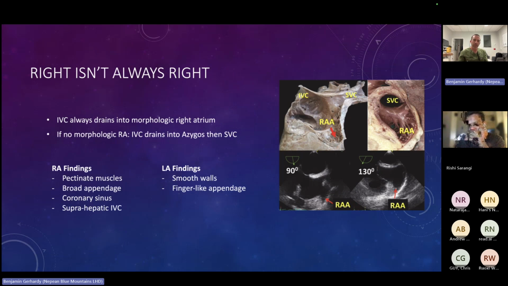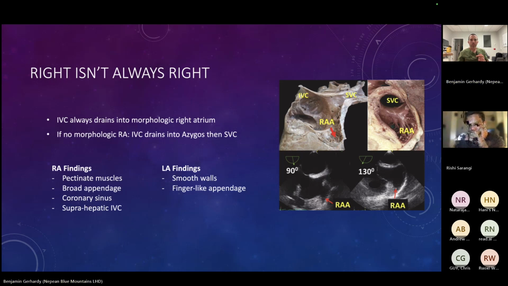So this is where you get to defining structures. This is defining what is the morphologic right atrium, what is the morphologic left atrium, right ventricle, left ventricle. Because that's one of the challenges about adult congenital heart disease: what you're looking at on echo might be on the patient's right-hand side, but it doesn't mean it's the right ventricle. So there are some rules and guidelines to keep in your head.